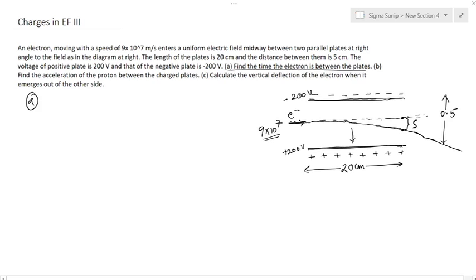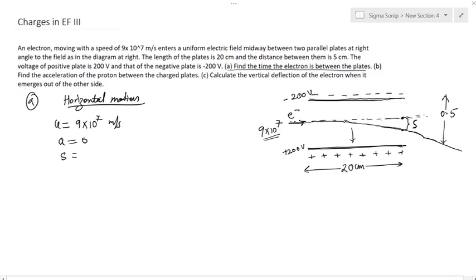What we have here is we are considering horizontal motion. Initial velocity is 9 times 10 to the power 7, horizontal acceleration is 0.